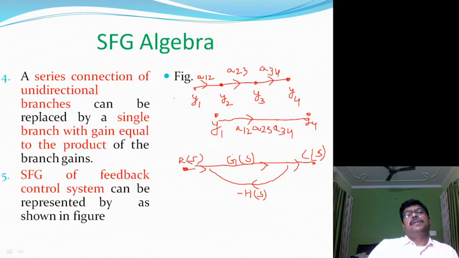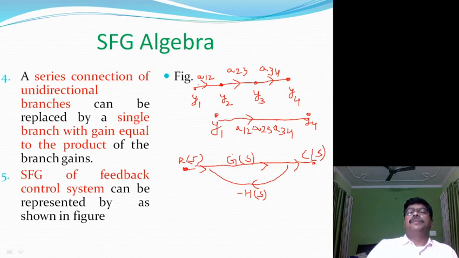Now the next rule is, if there is a series connection of branches, here you can see the path gain between node y1 and y2, signal is traveling from y1 to y2. This has a path gain of a12, between y2 and y3 a23, and between y3 and y4 the path gain is a34. So the signal can travel in the direction of the arrow, y2 depends upon y1, y3 depends upon y2, y4 depends upon y3.